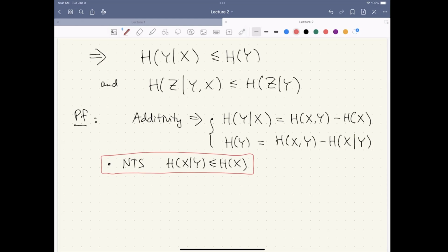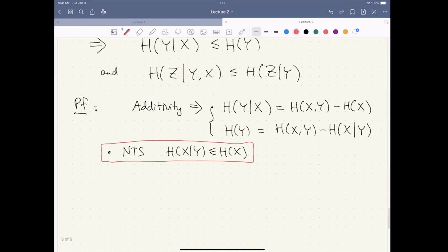When we don't know how to prove something, let's assume something more to prove some special cases. Here, let's assume x is uniformly distributed. We want to prove this one is larger. Well, here is a conditional one, and the uniform distribution has the largest entropy. That seems like a good direction to go.